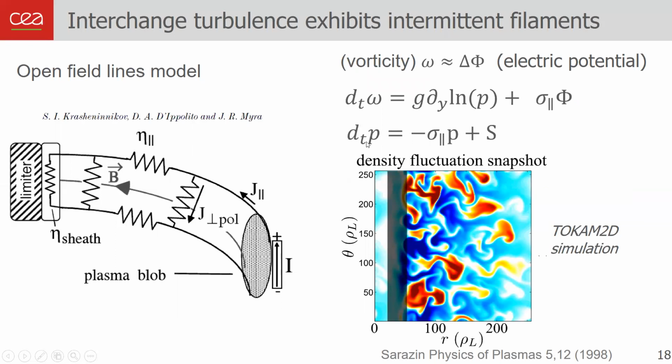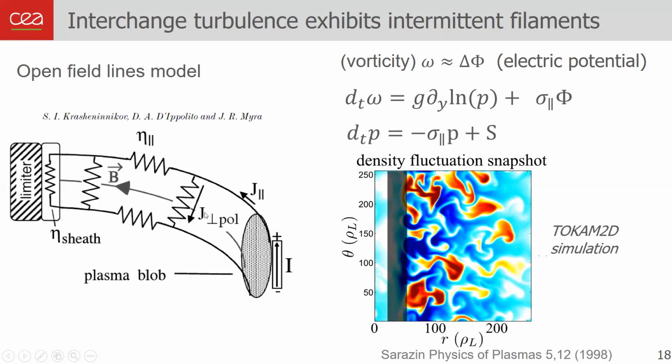So the time derivative of pressure is balanced basically by parallel losses to the limiter. This is described by loss rates, okay? And you have a source somewhere in your medium. Here we are looking at dynamics across magnetic fields, so we simply get all the parallel dynamics embedded in a simple control parameter, which is a loss rate.